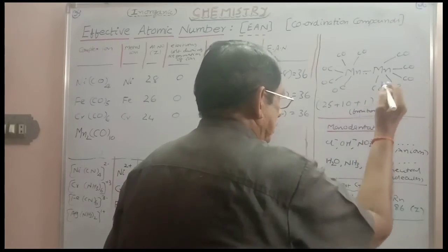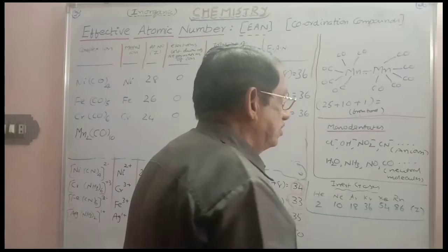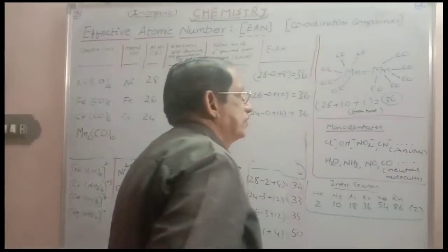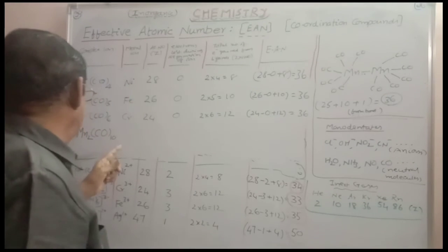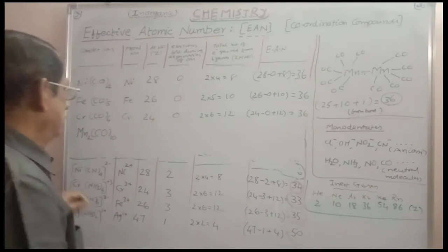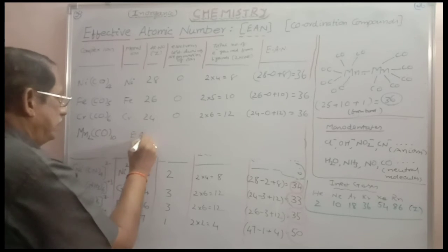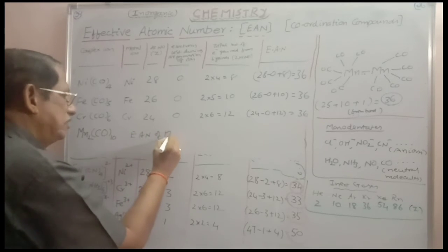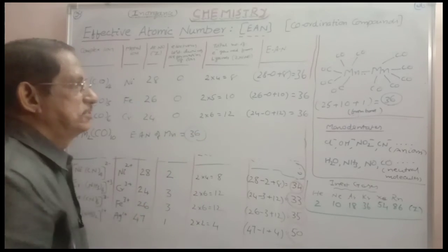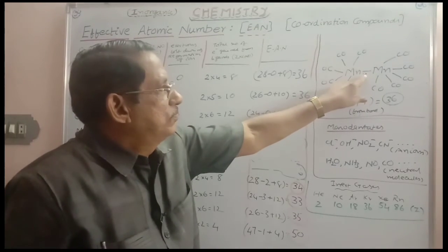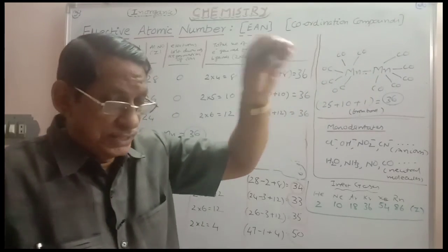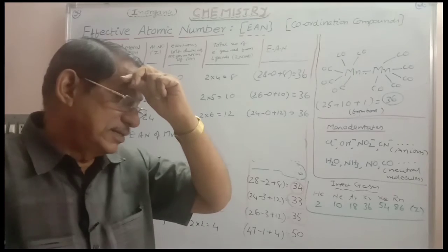So, what is the effective atomic number here? 35 plus 1, 36. So, in the case of polynuclear carbonyls, the effective atomic number of each Mn is equal to 36. This is the trick you have to use here. If you do not count this electron for manganese and this electron for manganese, you cannot get the result. You get only 35. That is not the correct answer.